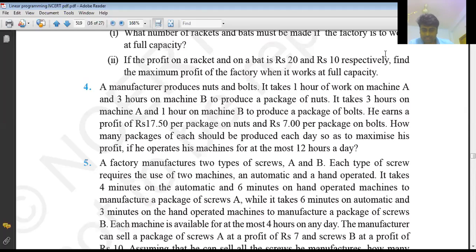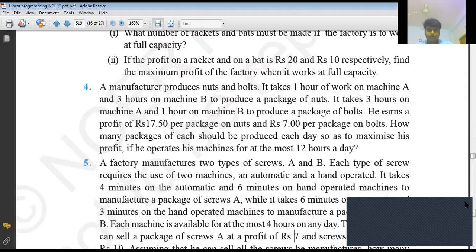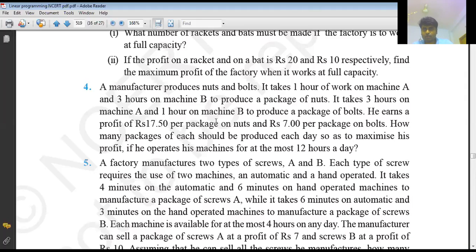So let us try to understand this question now. A manufacturer produces nuts and bolts. It takes 1 hour of work on machine A and 3 hours of work on machine B to produce a package of nuts. For nuts only, the time taken was given on machines A and B. Now let us go to bolts.